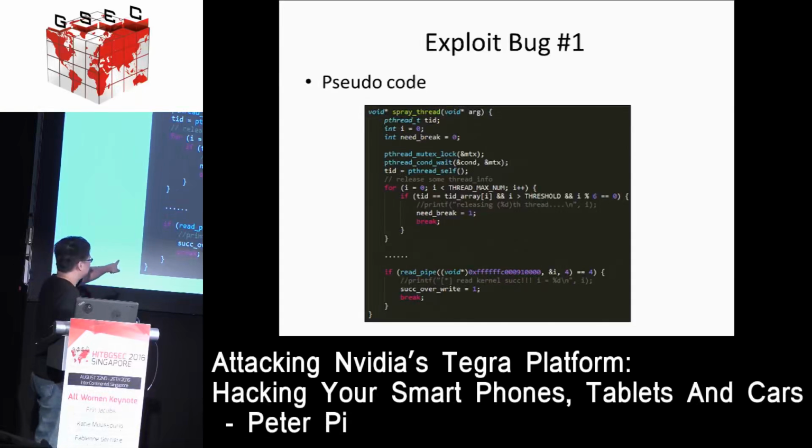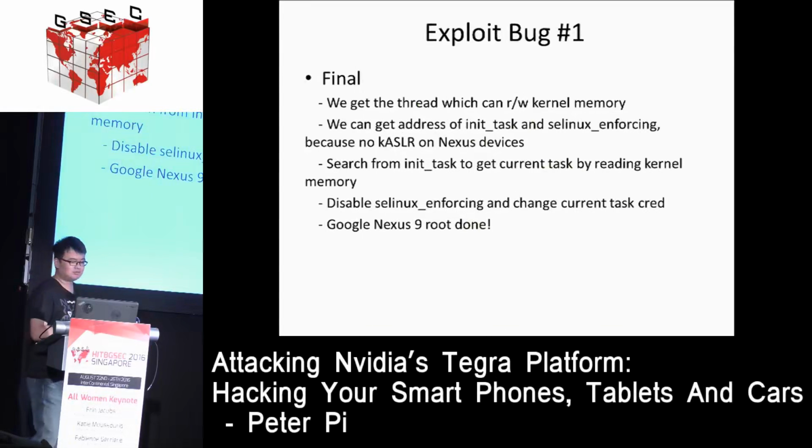So if the read kernel succeeds, we got the thread, and we can do read and write memory in this thread. So finally, we get the thread which can read and write kernel memory.